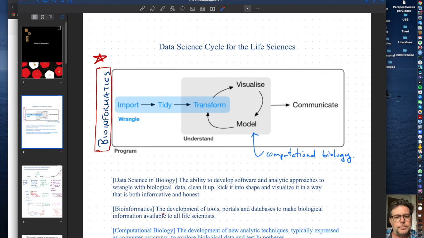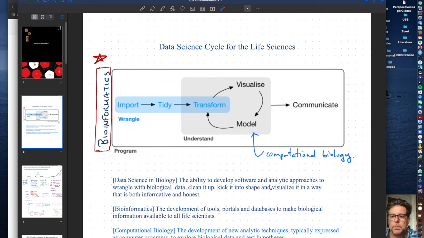Now, computational biology, I might ask, where does that fit in? Computational biology again is, in my eyes, building software or statistical techniques for finding genes in a genome or predicting the three-dimensional structure from a nascent amino acid polypeptide, right? It might be something like trying to predict binding sites.